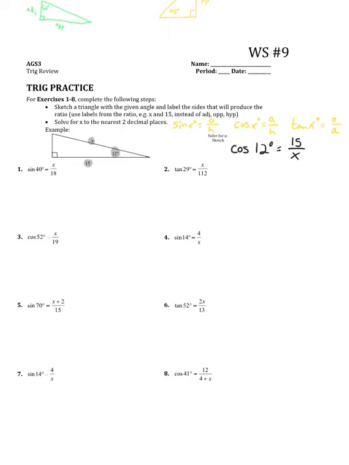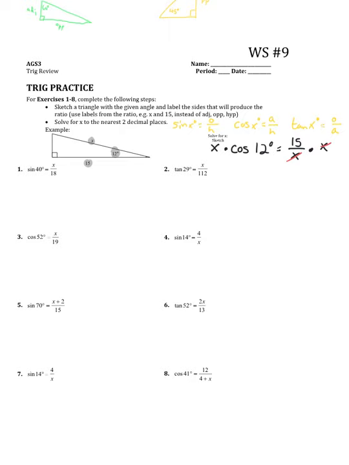So I can put cosine of 12 into my calculator and I'll get some weird decimal answer. Or I can hold off on doing that and solve this equation first. I have to get x by itself on one side of the equation. But because it's in the denominator, that's kind of tricky. I have to multiply both sides by x, and that's going to get rid of the x on the right side of the equation.